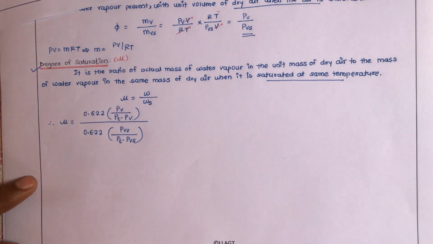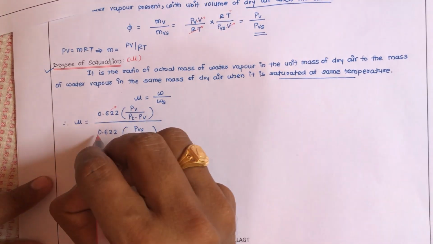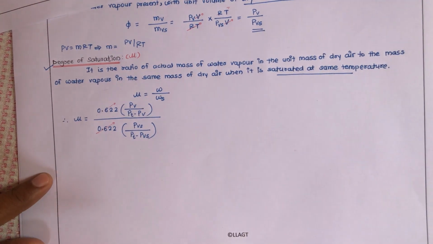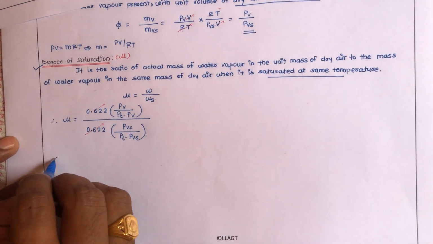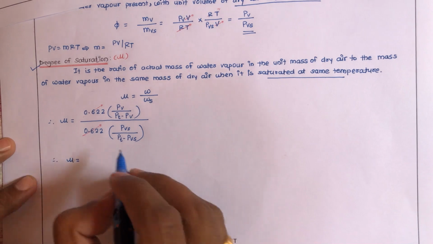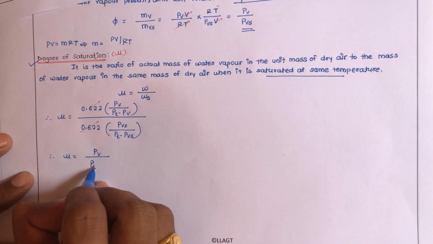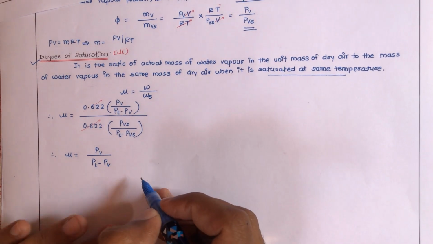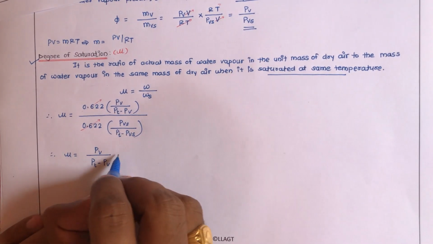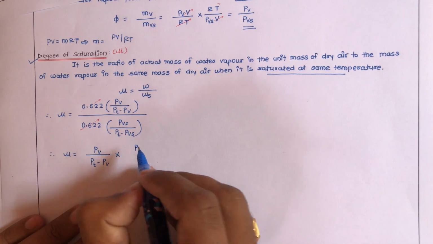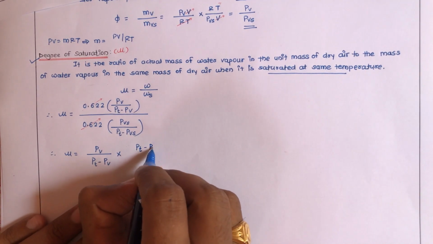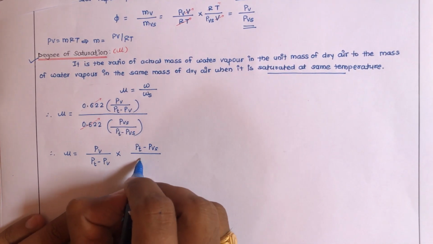Now let's check which things we can cancel. This 0.622 and this 0.622 I can cancel, and finally after simplification what will I get? This Pv upon Pt minus Pv multiplied by this Pt minus Pvs divided by Pvs.